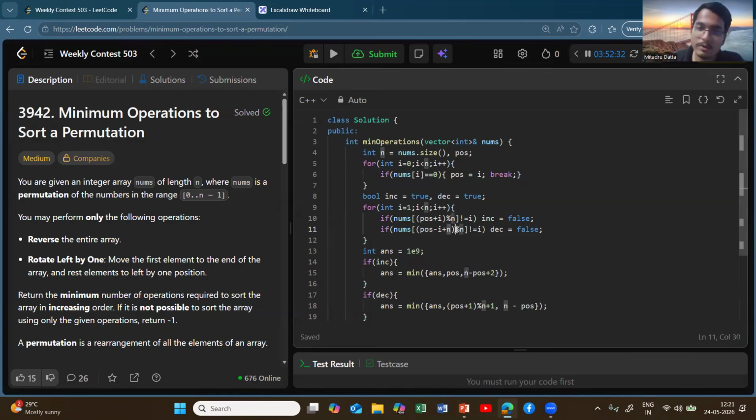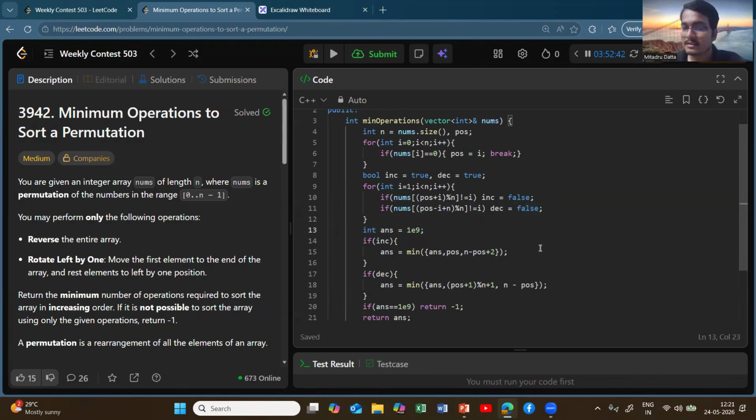So if you are doing modulo n over here, then you do position minus i plus n, modulo n, is not equal to i, then decreasing is also false. Now you know whether your array is decrementing cyclically or incrementing cyclically. You know out of these two things.